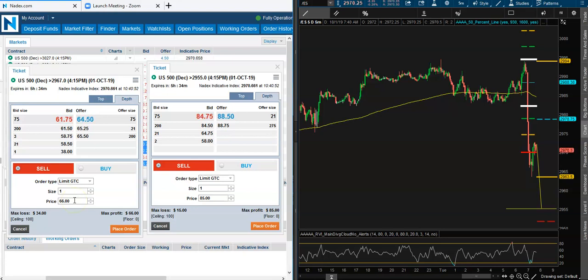So if you think we're going to roll over, it might be a good quick bet to short at 66 and have an order to cover at 60, maybe 55, and make a quick $11. And your max loss will only be $34 if it just kept going up all day long.